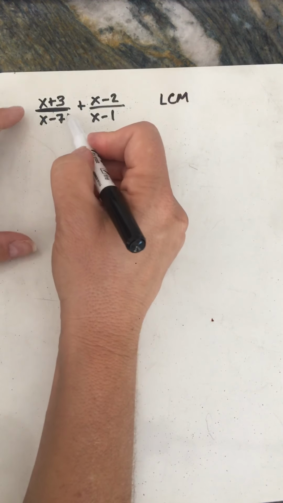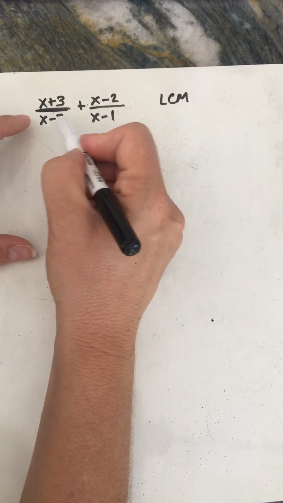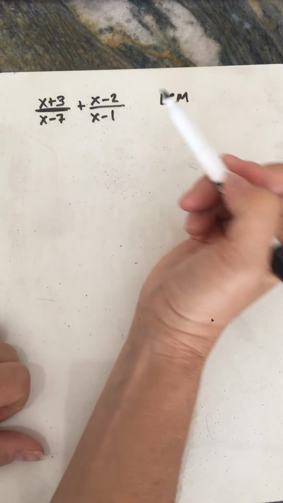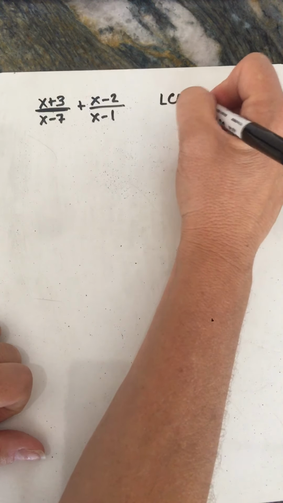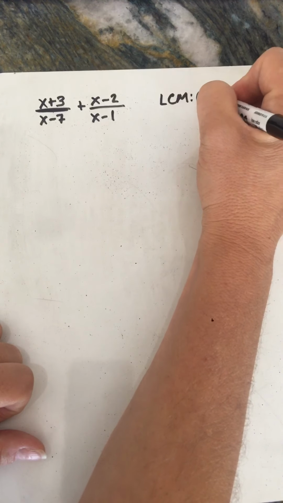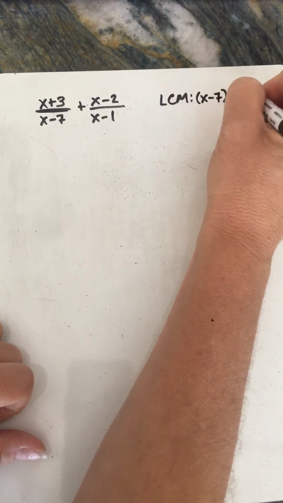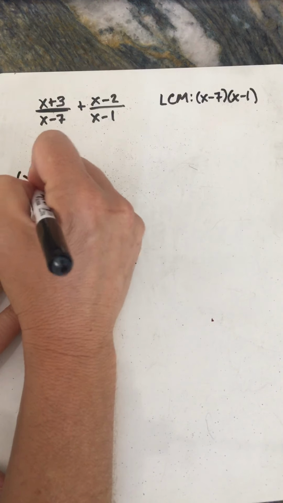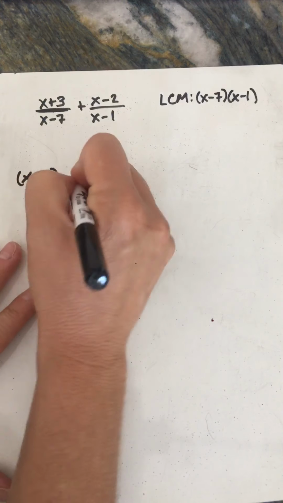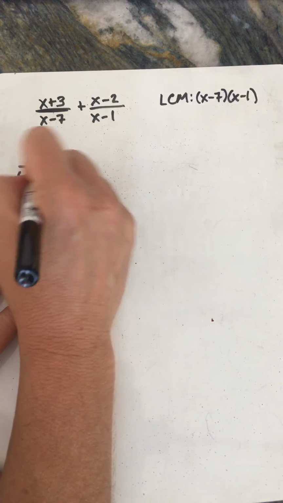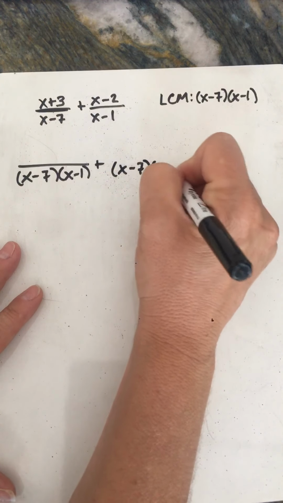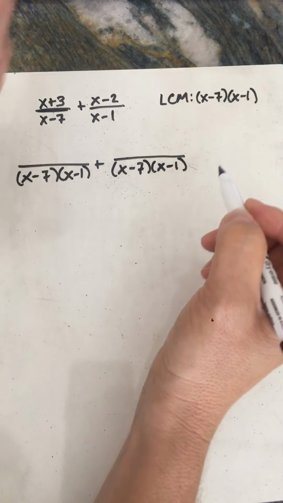That won't work. It's actually x minus 7 that's being grouped together, and x minus 1 is the value of these two terms being grouped together. So our LCM, we're going to have to use both of them. So x minus 7 times the quantity x minus 1 is your LCM.